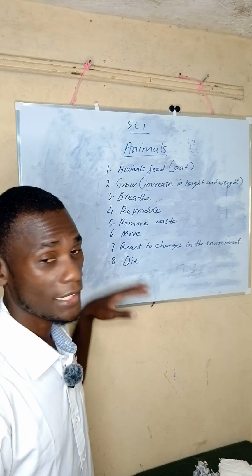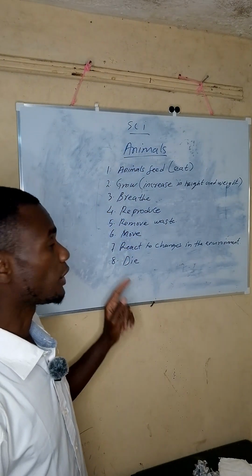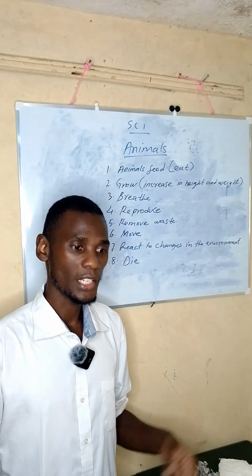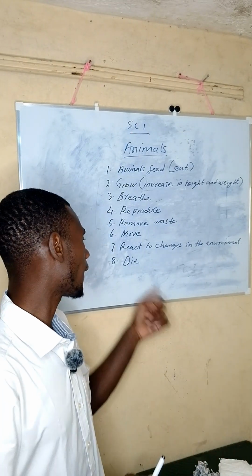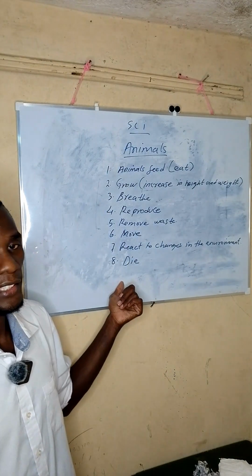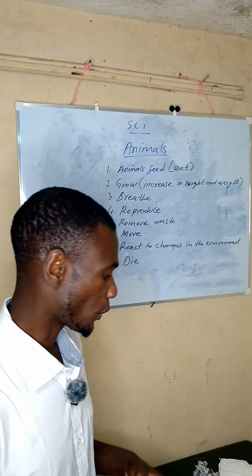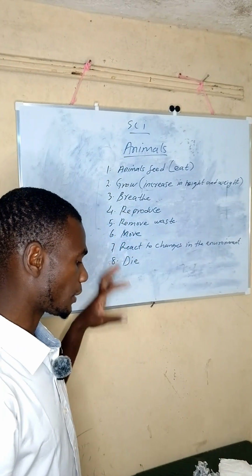So this one is the last stage of the characteristics of all these animals. After being born, then you grow, then you do all the activities. By the end of the day, you will come to the eighth characteristic, that is death. So there is no animal that remains alive forever. That brings us to the end of the characteristics of animals.